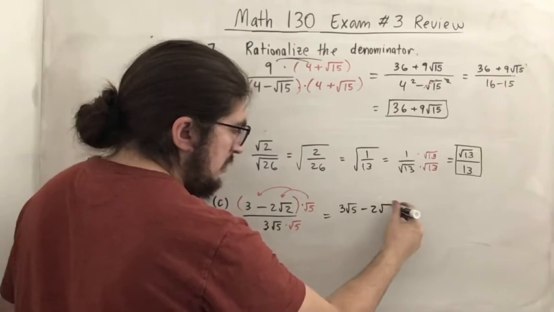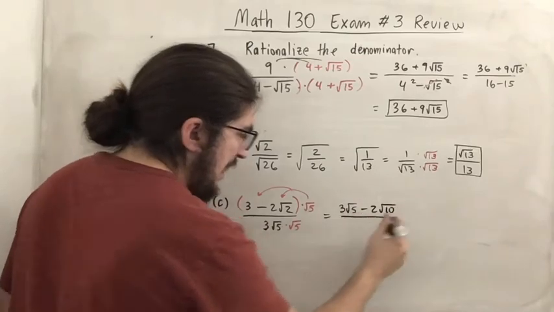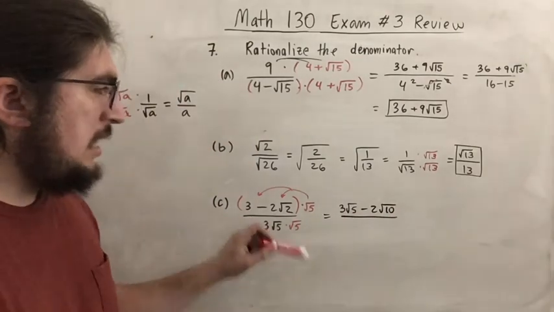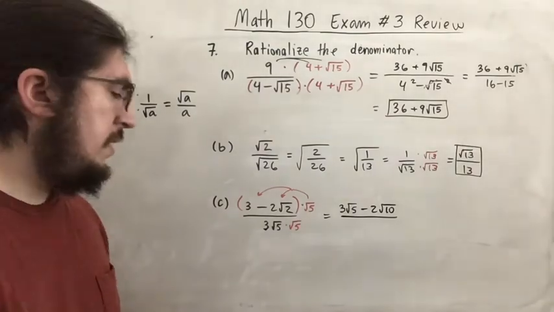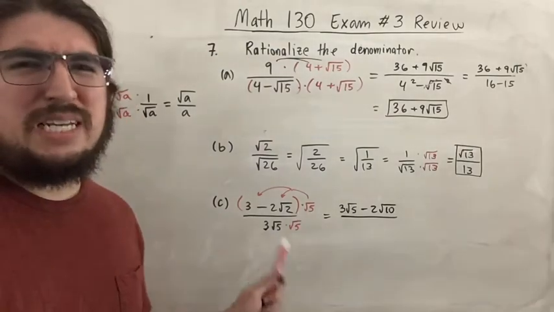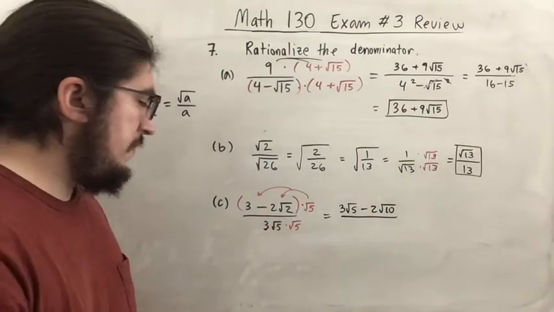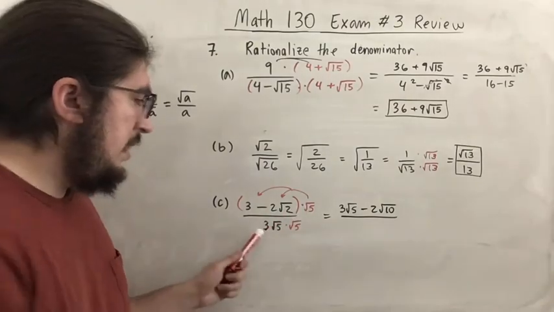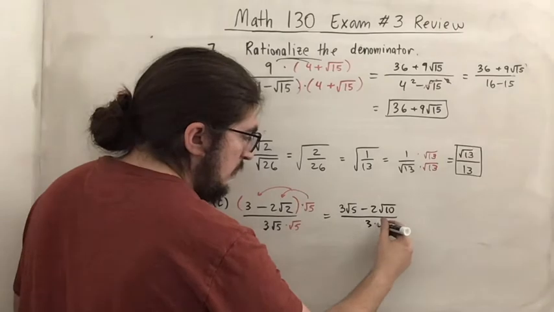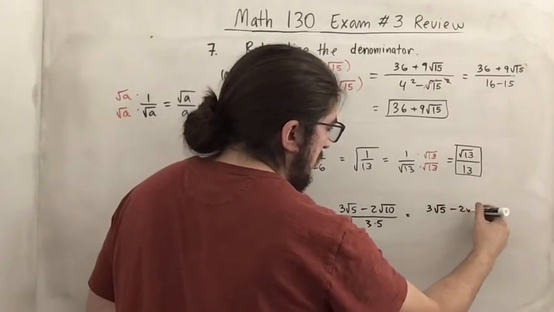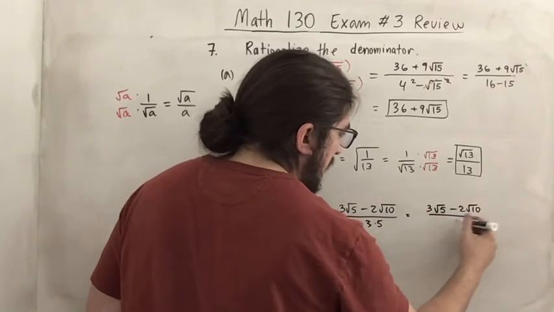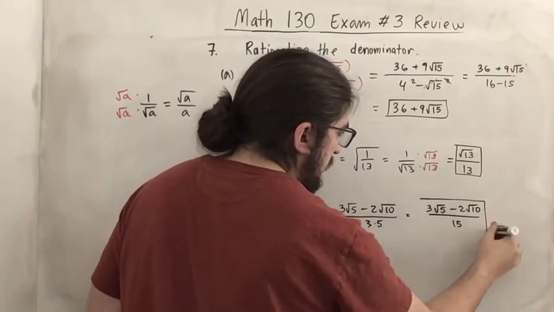So it's 2 on the outside and radical 10 on the inside. In the denominator, we get 3 times radical 5 times radical 5 is just 5, like it's radical 5 squared. You can also see it as radical 25, which is 5. Right, square root of 25 is 5. So this is just 3 times 5, which is 15. So in fact, we can write this as 3 radical 5 minus 2 radical 10 all over 15. And that's the final answer for this part.